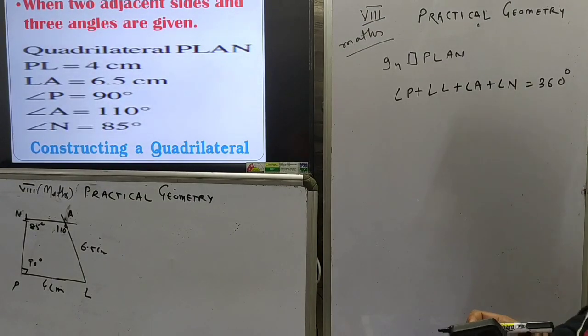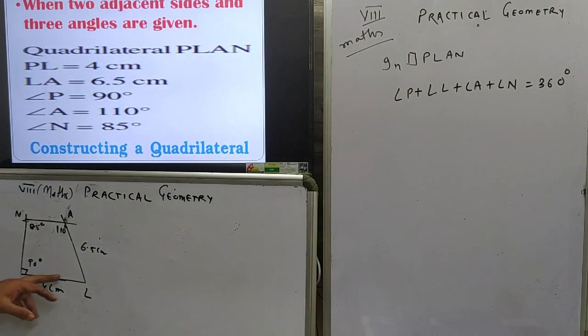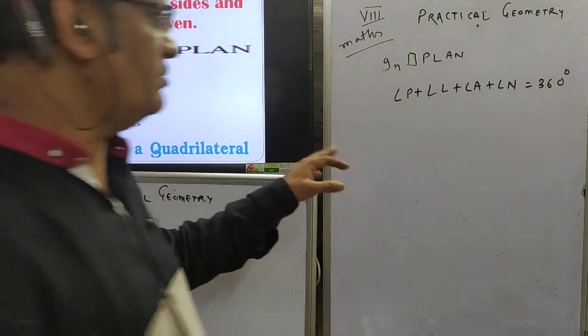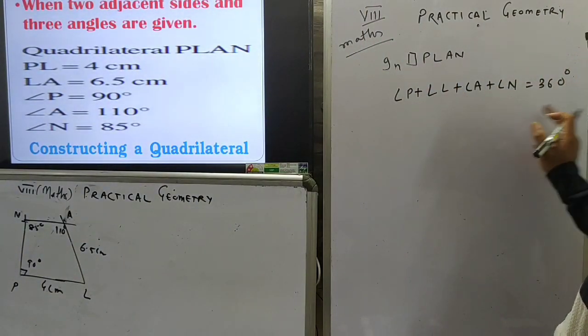Now how to construct quadrilateral PLAN when two adjacent sides and three angles are given. In this quadrilateral, first of all we have to calculate angle L. Without angle L, we cannot construct this quadrilateral PLAN. You know the angle sum property of a quadrilateral: the sum of the four angles equals 360 degree.